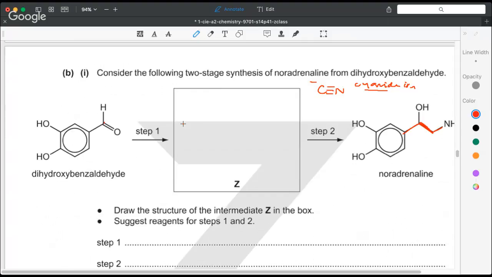And so the intermediate here is that group there with the hydroxide groups here and here. And then over here, you've added this cyanide group. Okay, you've added one carbon, and the carbonyl group has become, sorry, an alcohol group there.